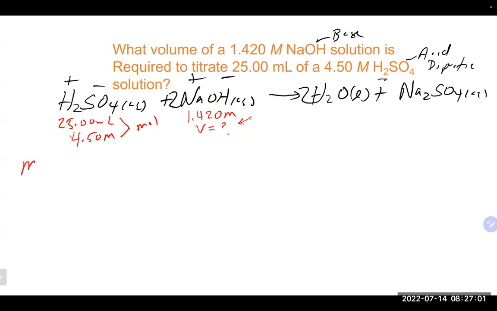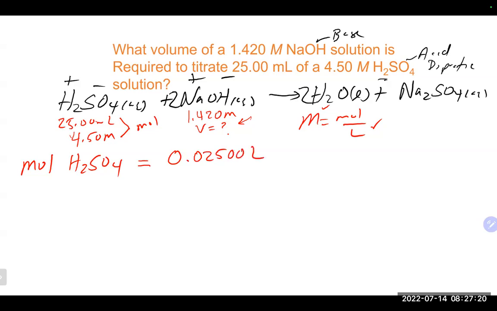The moles of H2SO4 are going to be found by using our molarity equation, which is moles per liter. We have the liters and the molarity, so moles is equal to liters. We do need to convert our milliliters into liters, dividing by 1,000, or moving the decimal place over.